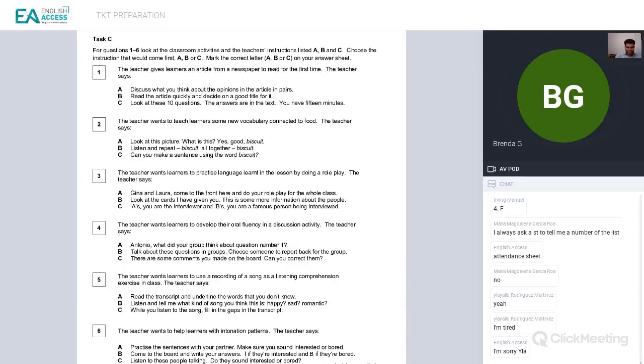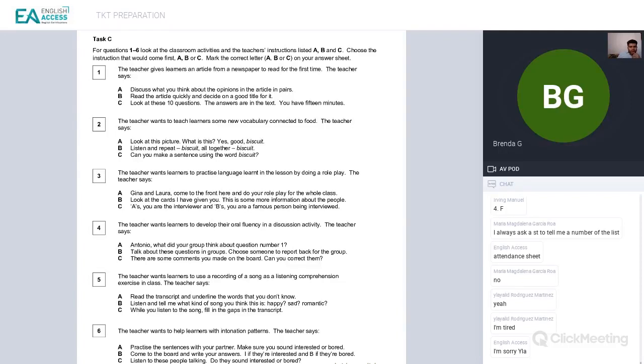The teacher gives learners an article from a newspaper to read for the first time. The teacher says, A, discuss what you think about the opinions in the article in pairs. B, read the article quickly and decide on a good title for it. C, look at these 10 questions. The answers are in the text. You have 15 minutes.